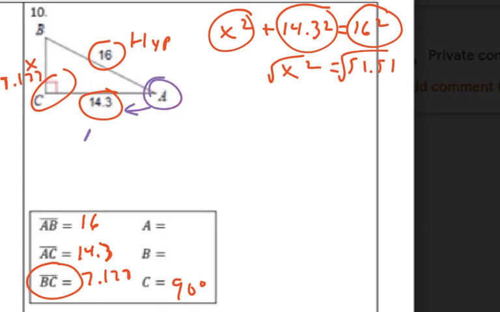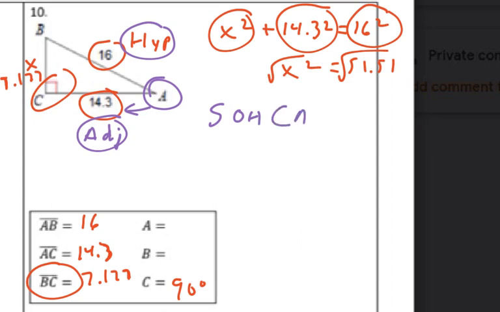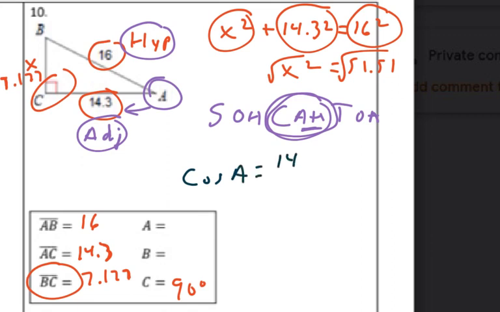Notice how 14.3 is adjacent to it, and the 16 again is the hypotenuse. What uses A and H? According to SOHCAHTOA, cosine is adjacent over hypotenuse. So I know that the cosine of A has to be 14.3 over 16.